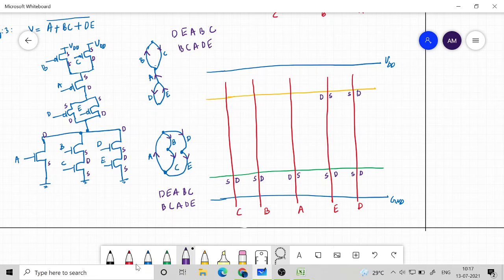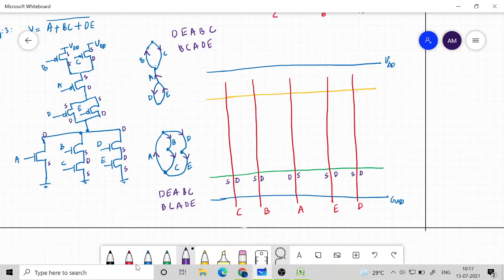So source of drain, okay, so let me just change this. What is shared is the drain.